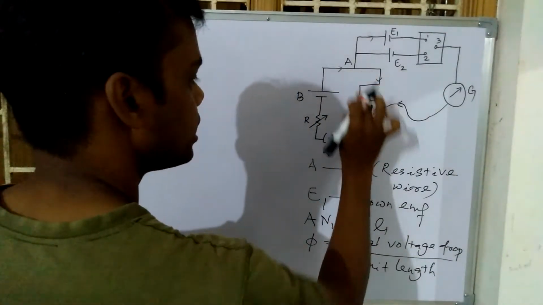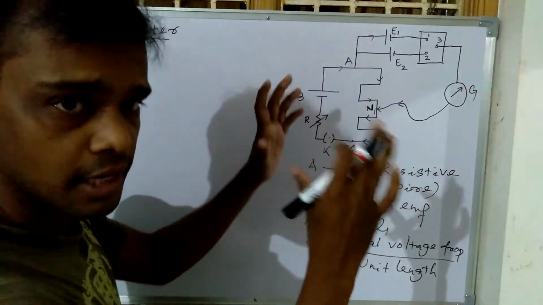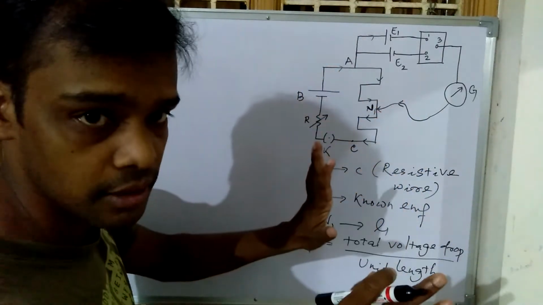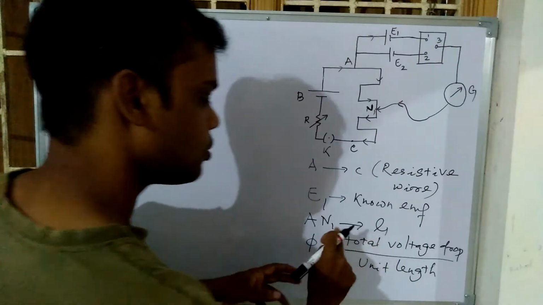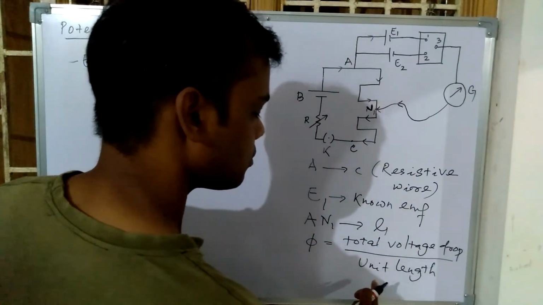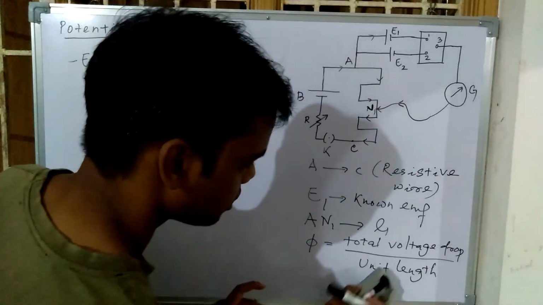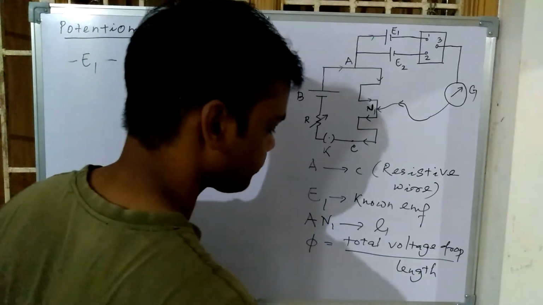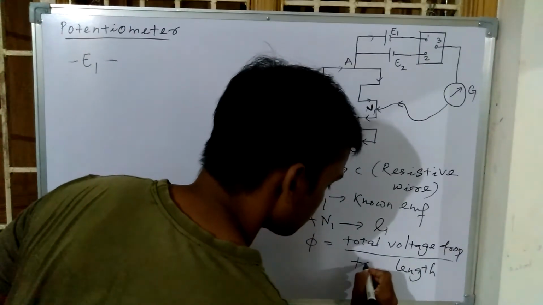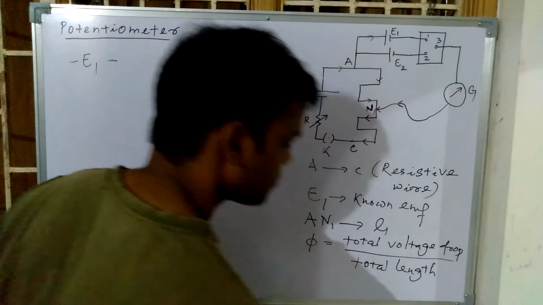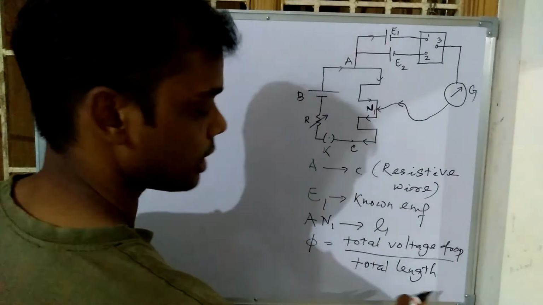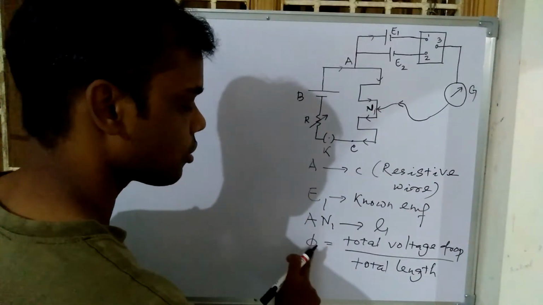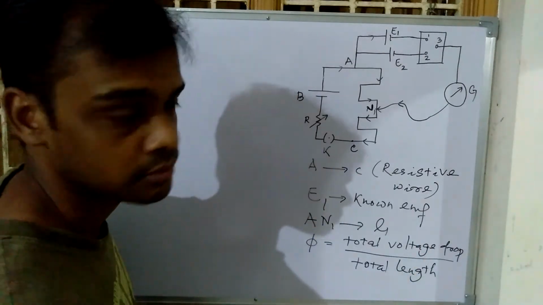From A to C there must be some definite value of potential that is dropped across AC. Total drop by total length is nothing but potential drop per unit length.